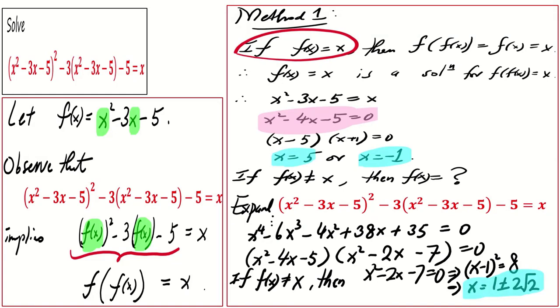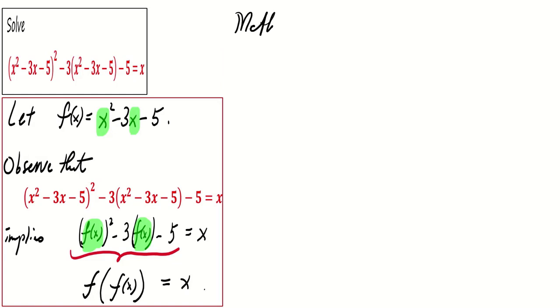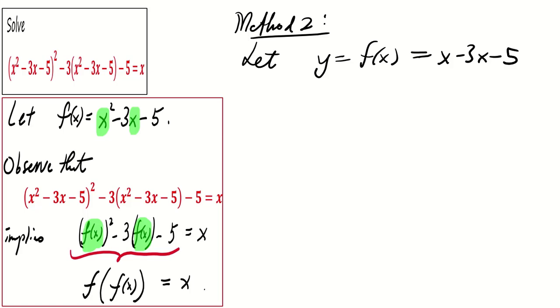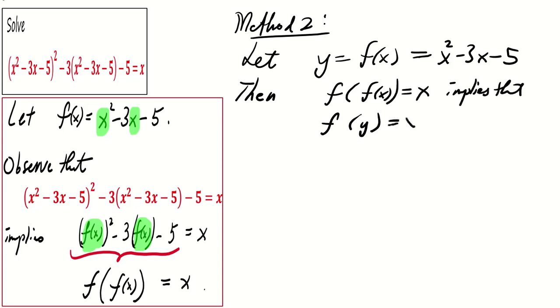The working is a bit tedious, but it works. Now let's look at method 2. We let y equal f(x) equals x squared minus 3x minus 5. Then from the previous result, f of f(x) equals x implies that f of y equals x.